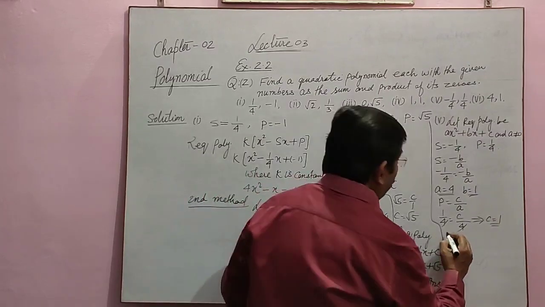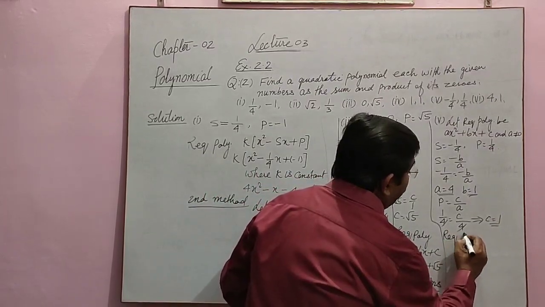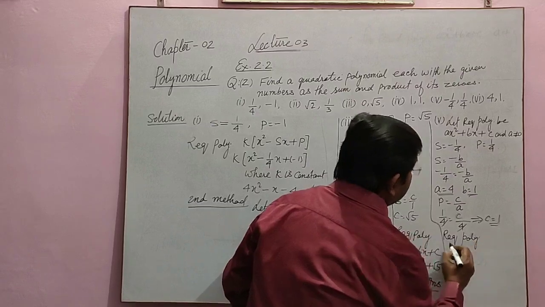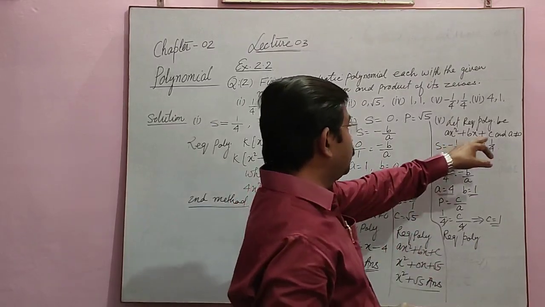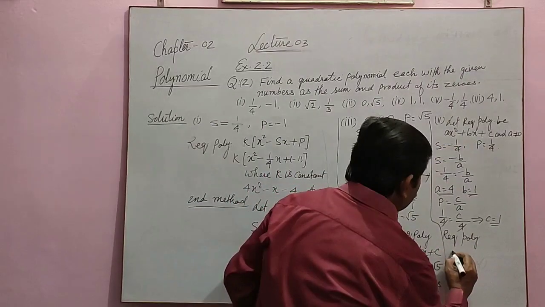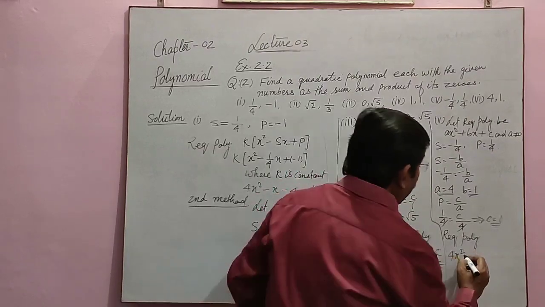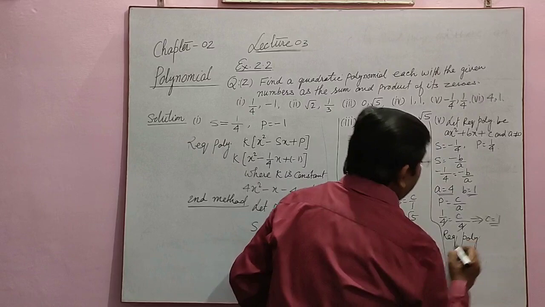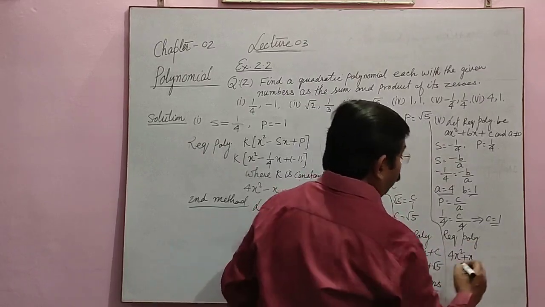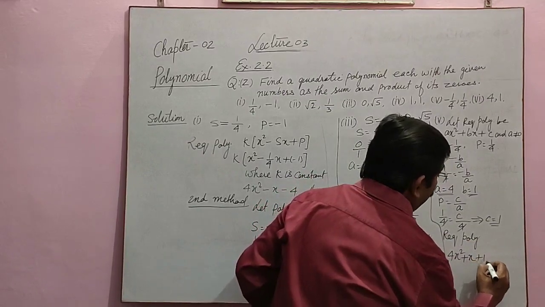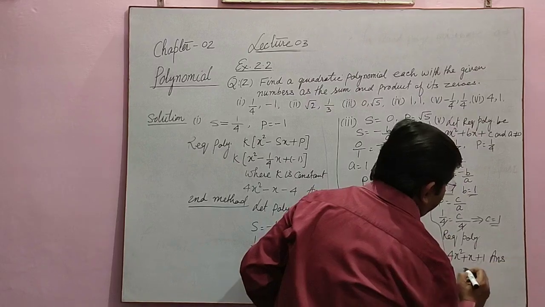So what is the required polynomial? Required polynomial is ax square plus bx plus c. A is equal to 4, so 4x square. B is 1, so plus 1x, and c is equal to 1, so plus 1. So this is your required answer.